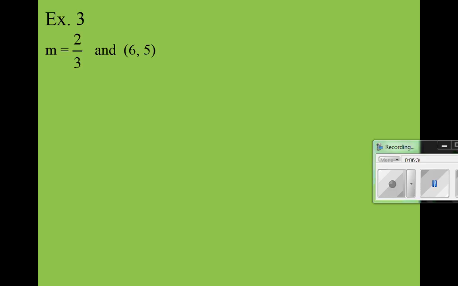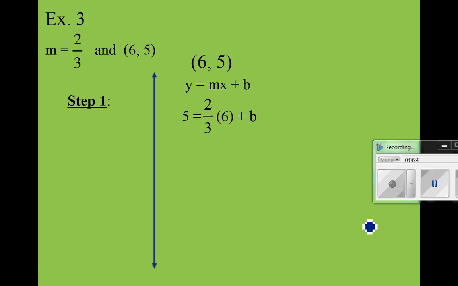Here is the next example, example 3. For example 3, step 1, again, we're going to substitute everything in. You guys see a fraction? We can simply put the 1 under the 6 so that it is also a fraction.